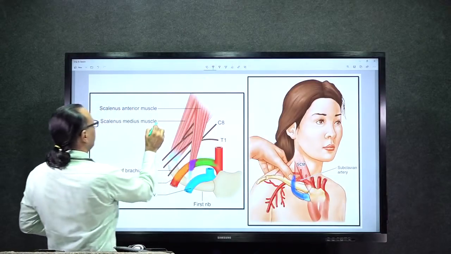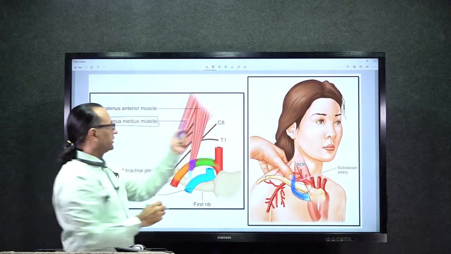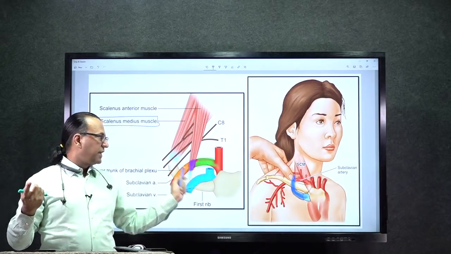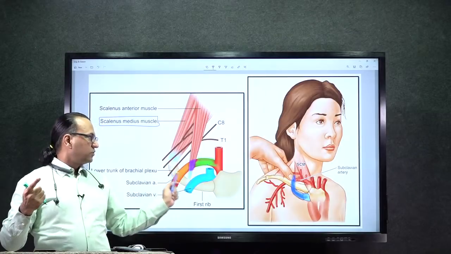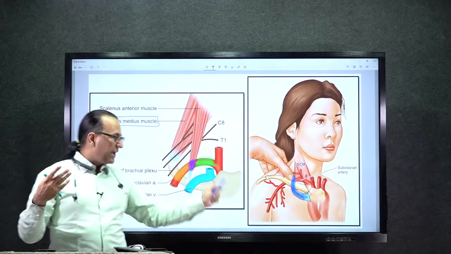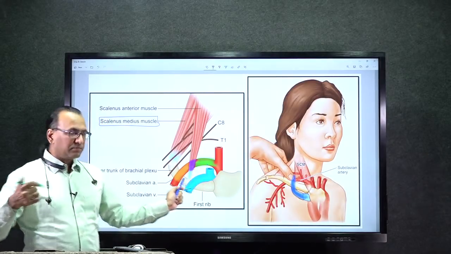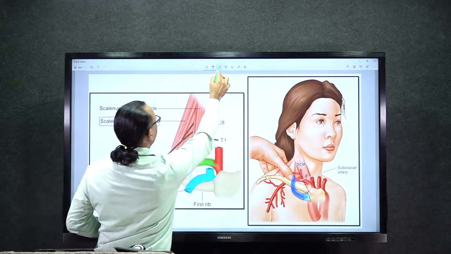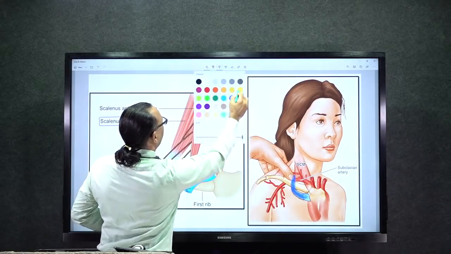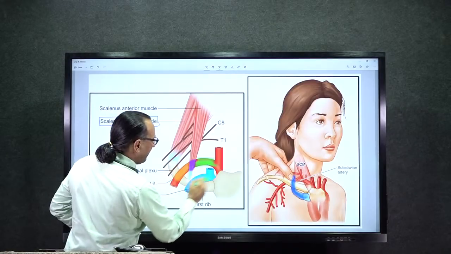So here, this is the scalenus anterior muscle which divides the artery into 3 parts: proximal to the muscle, deep to the muscle, distal to the muscle. And I told you, where is the vein lying? The vein is anteriorly present. So which vein is this? This is none other than the subclavian vein.